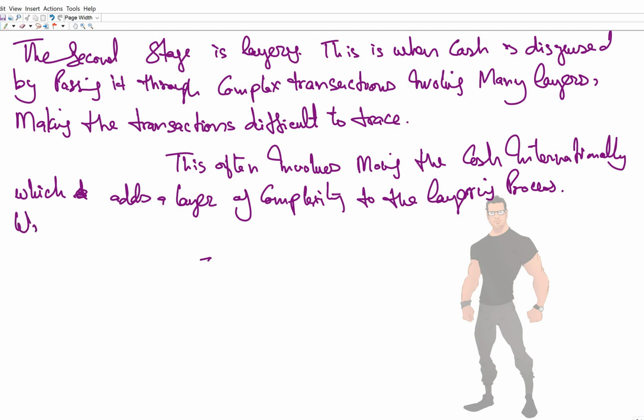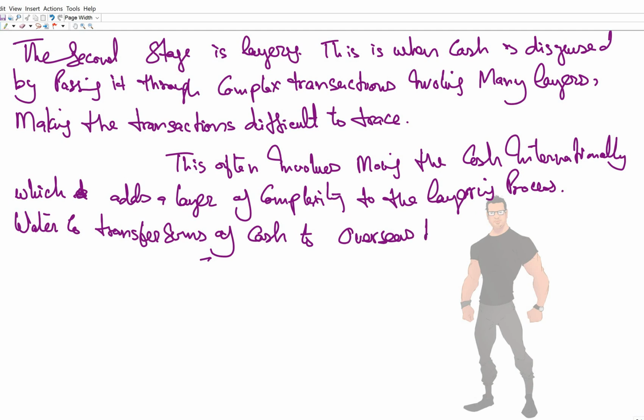Waters Company transfers sums of cash to overseas bank accounts, indicating that layering may be taking place.